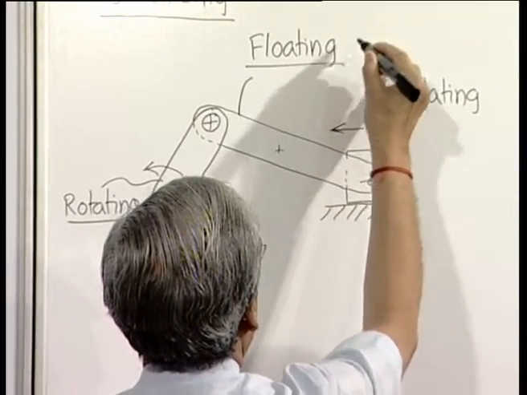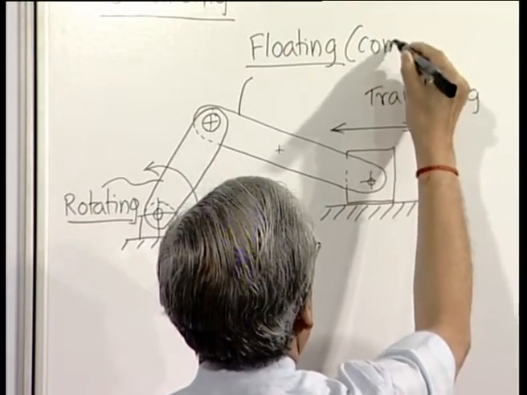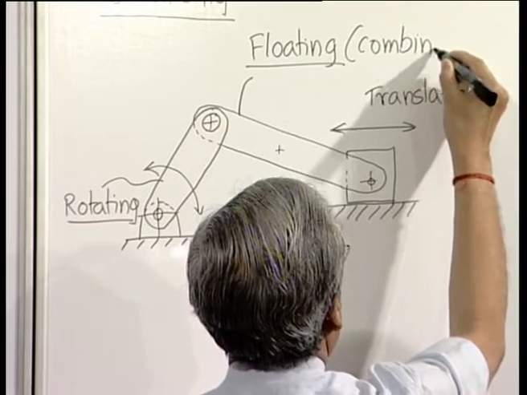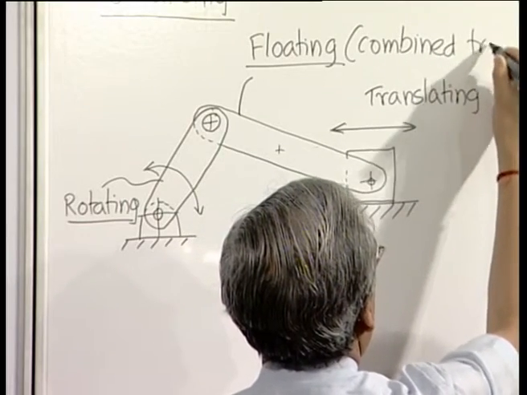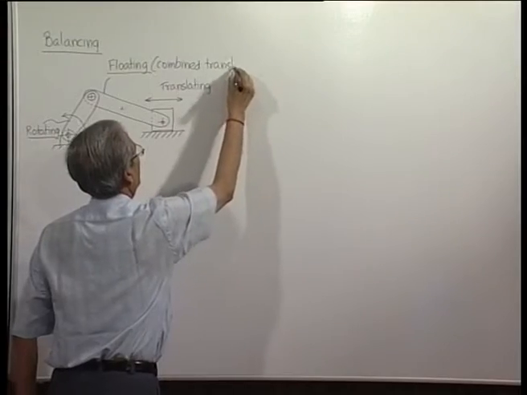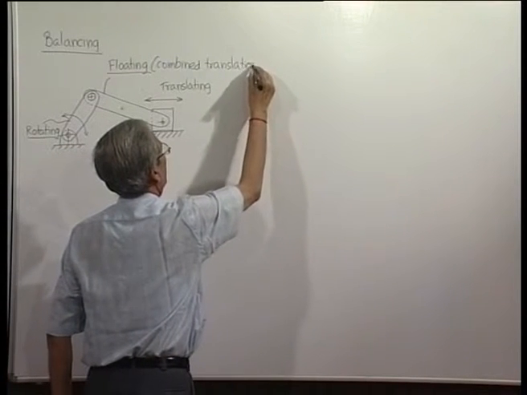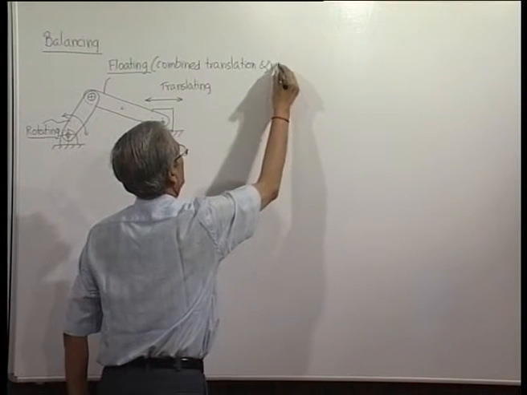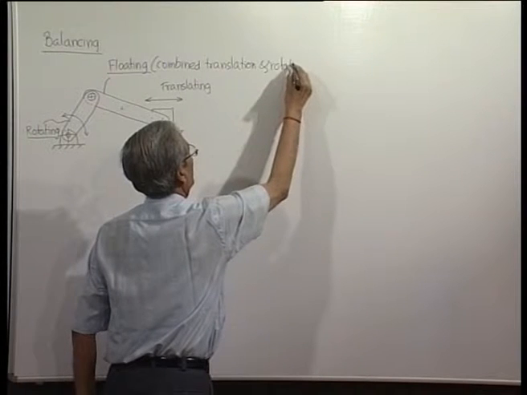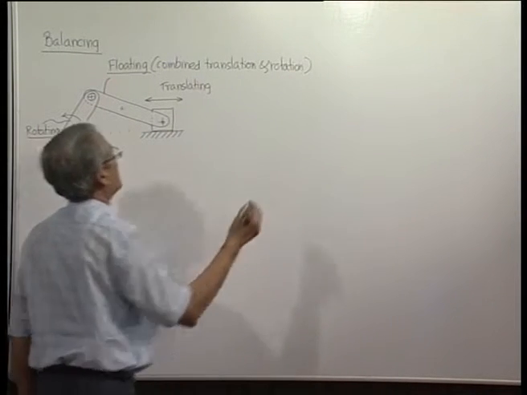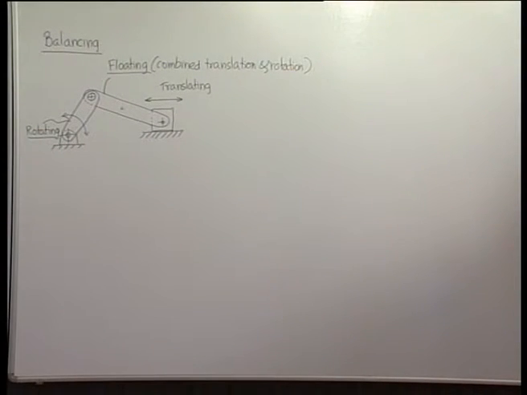It is a combined translation and rotation. So, a machine in general, or a mechanical system in general, will consist of 3 different kinds of objects.